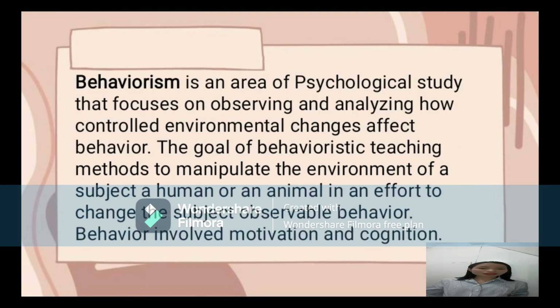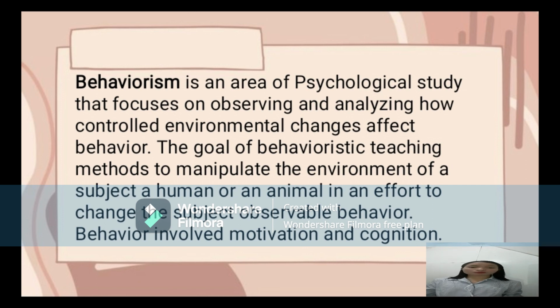Behaviorism. What is behaviorism? Behaviorism is an area of psychological study that focuses on observing and analyzing how controlled environmental changes affect behavior. The goal of behavioristic teaching methods is to manipulate the environment of a subject, a human or an animal, in an effort to change the subject's observable behavior.